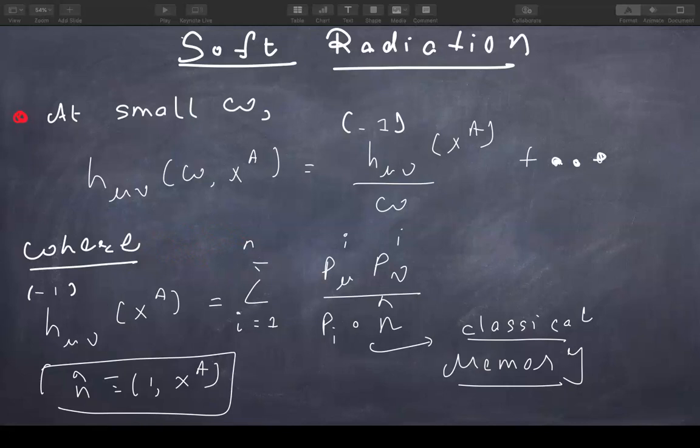And this h mu nu has a nice form where you sum over all the scattering particles, and in the denominator you dot the p_i with the unit vector x_i, the point at which you are measuring the classical field. So this is the statement of the classical soft theorem or classical memory.